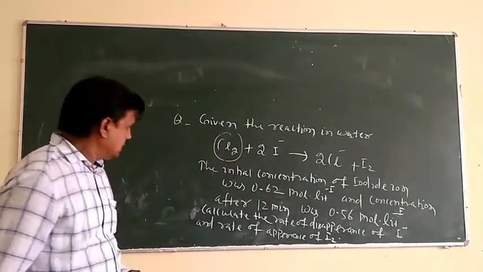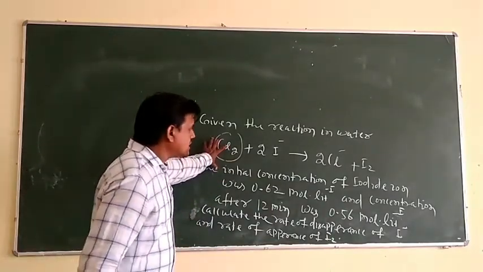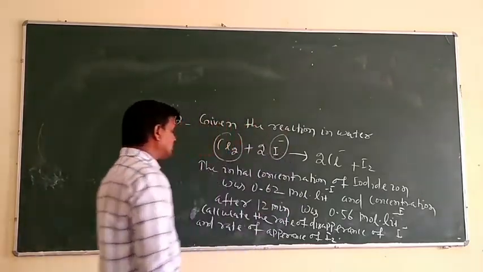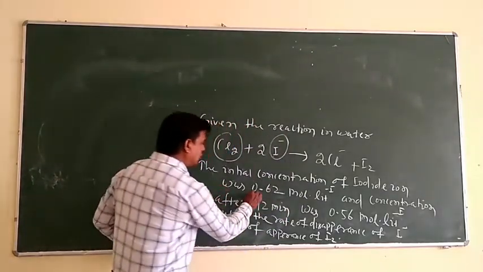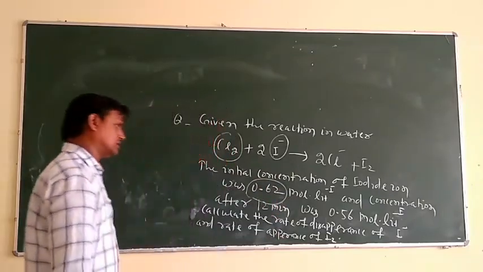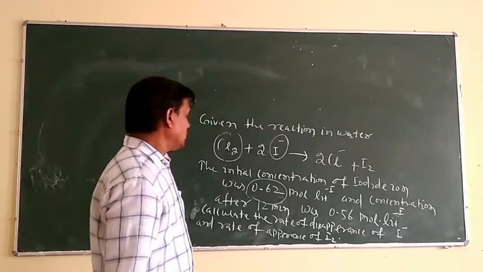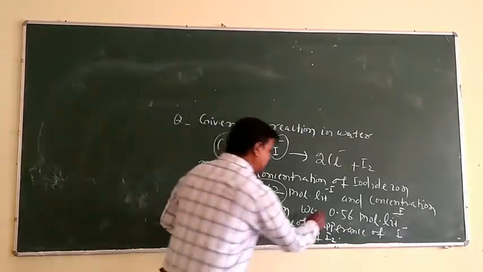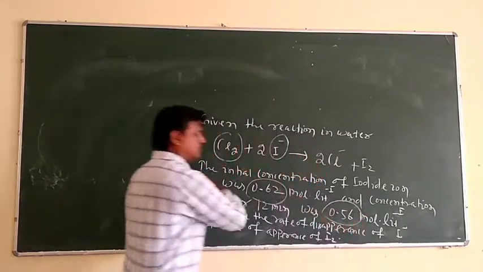Another given data: the initial concentration of iodide ion was 0.62 mole per liter, and the concentration after 12 minutes was 0.56 mole per liter.